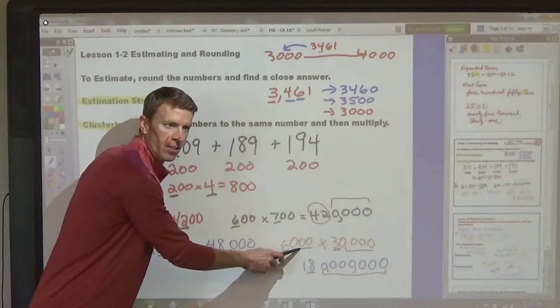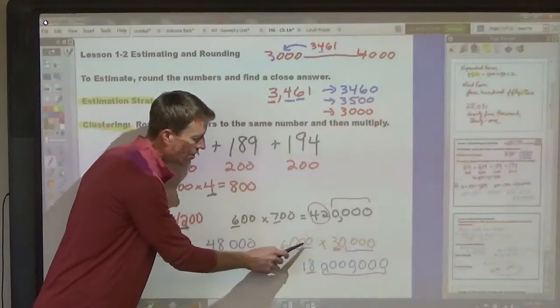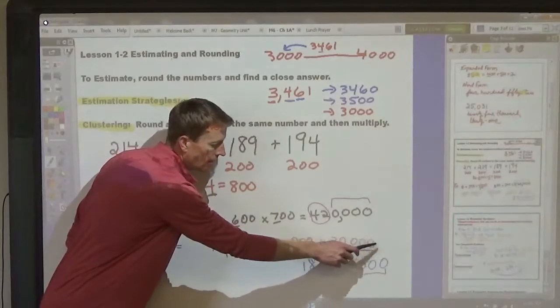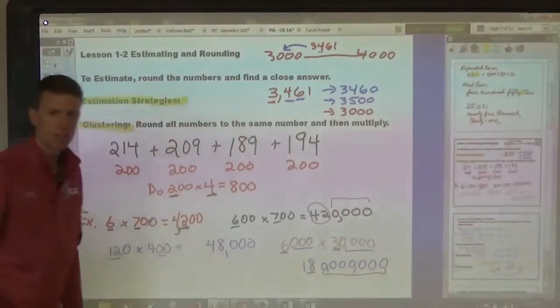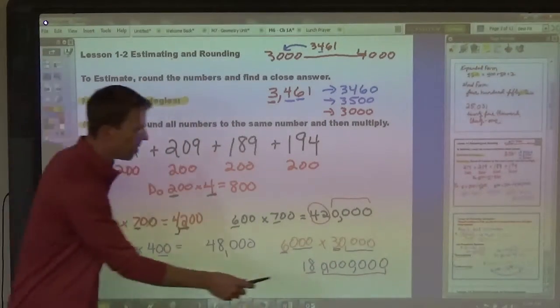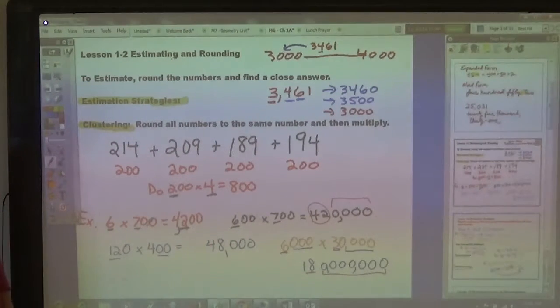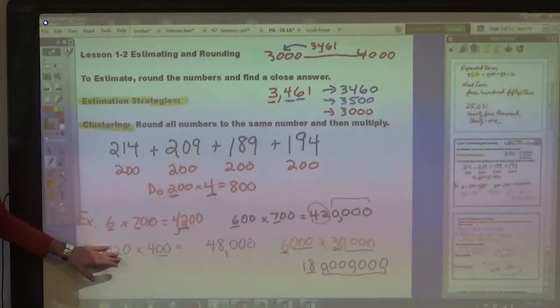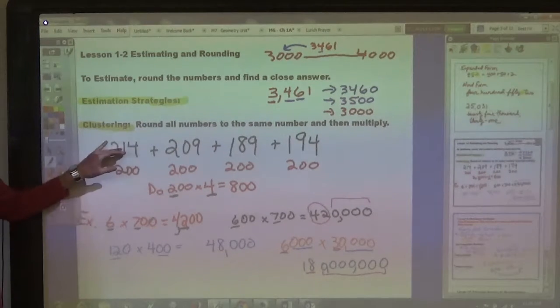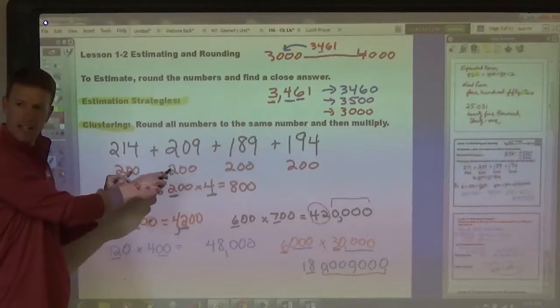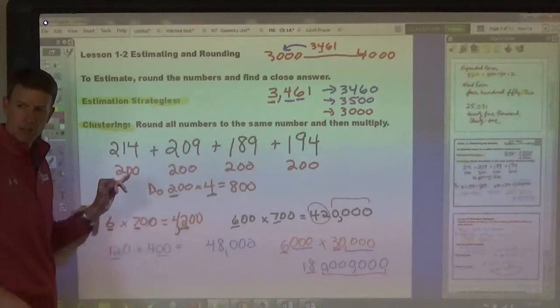How many zeros are there? 7. 1, 2, 3, 4, 5, 6, 7. Put all 7 zeros into the answer, and then put the commas in. So it's 180 million. Any questions on those? Clustering is when you round it to the same number and then multiply.